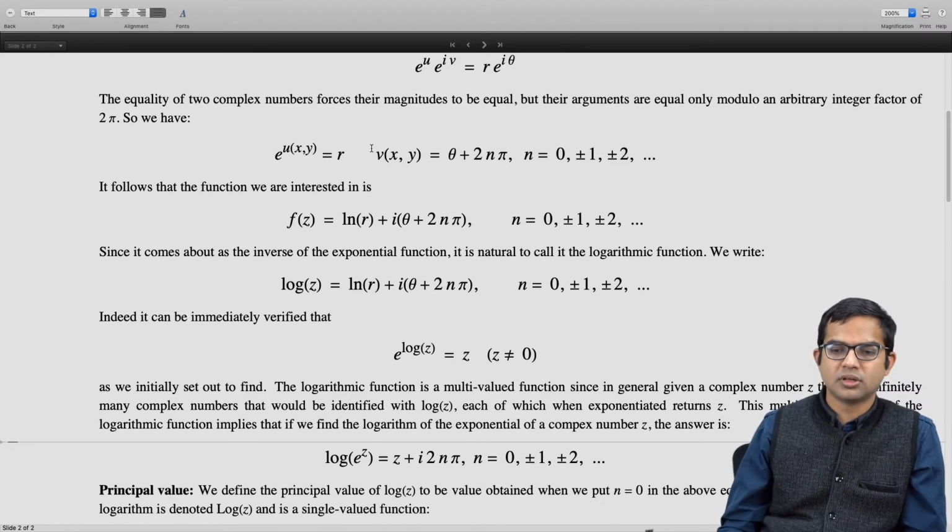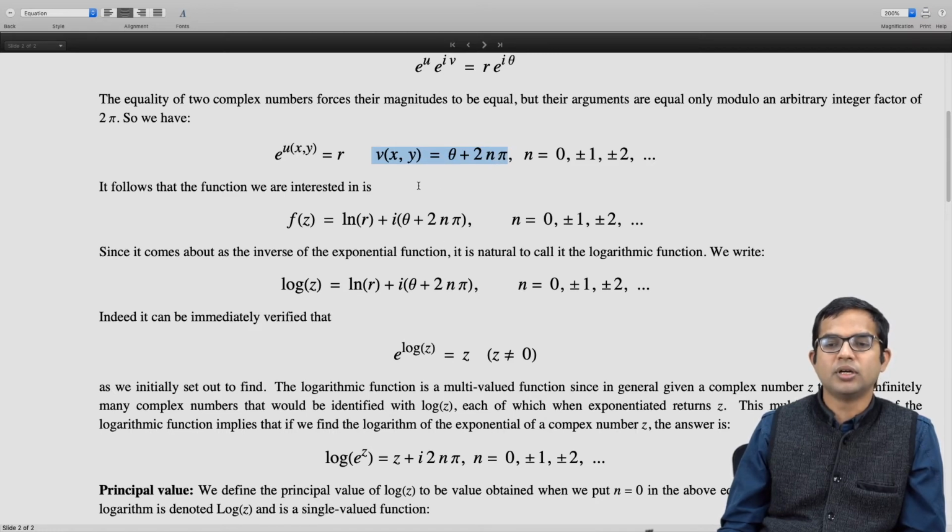right? This ambiguity comes from the fact that the argument of a complex number has this extra freedom, 2n pi freedom. That's where the extra freedom for the log function also comes in. So it's convenient to define the so-called principal value for the log function.